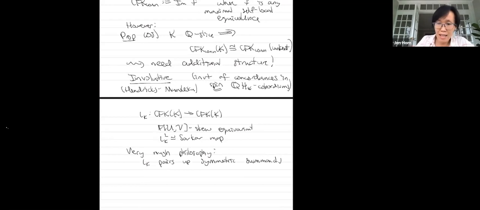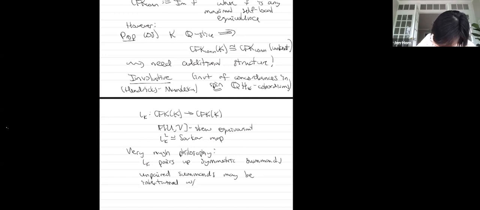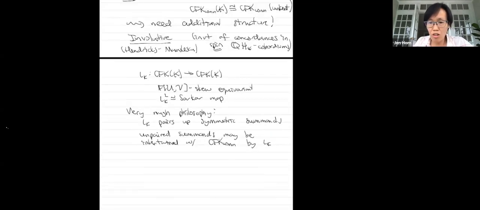And then you might get things that don't have a symmetric friend. So then there are these unpaired summands. And these unpaired summands may be intertwined with CFK connected by iota K. And so this extra structure makes it possible to define a more robust invariant, which I'll call CFK iota K connected.